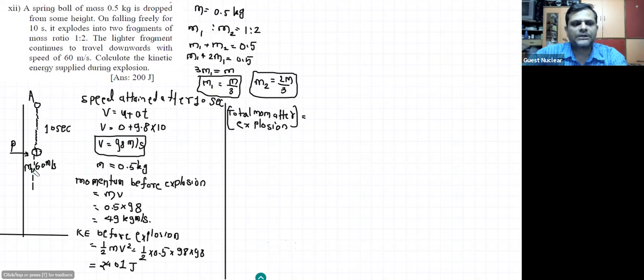So the total momentum of these two parts combined together will be the total momentum after explosion. So you can say that this m1 into v1 plus m2 into v2 is going to be the total momentum after explosion, where m1 is already given, we have expressed it in terms of m.